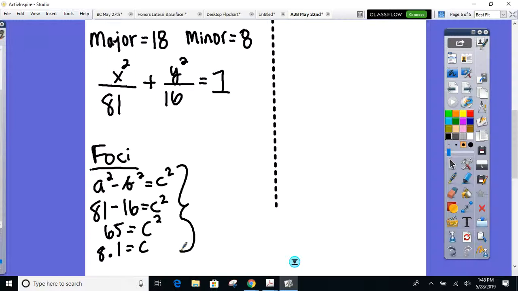So from the center, you're going 8.1 units. Is this to the left, right, up and down? Left and right, because that's where the major axes are. Foci are on the major. So you're going to go 8.1 units to the right from the origin and then to the left.